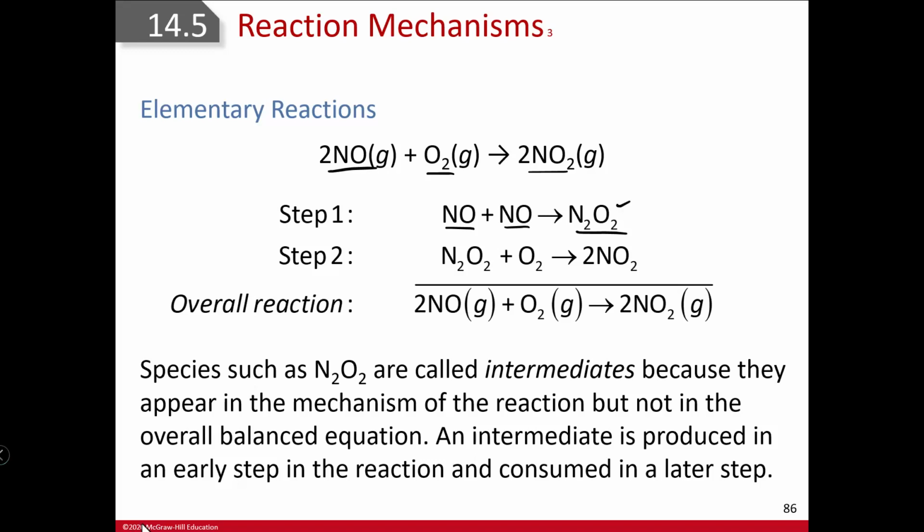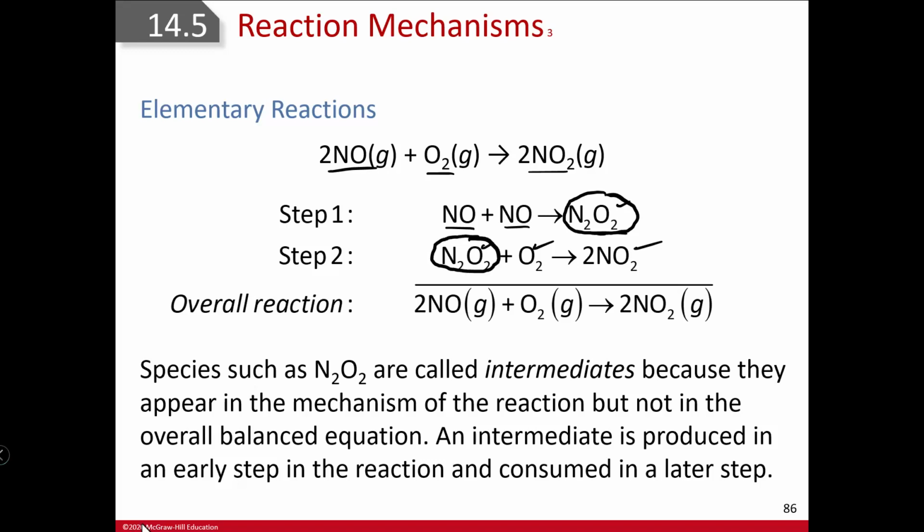And then dinitrogen dioxide reacts with oxygen to form 2 moles of nitrogen dioxide. So what you notice is this dinitrogen dioxide wasn't present initially, and it gets consumed in the second step.